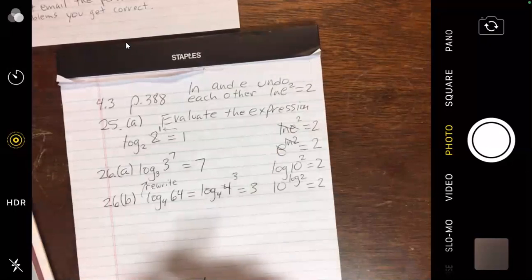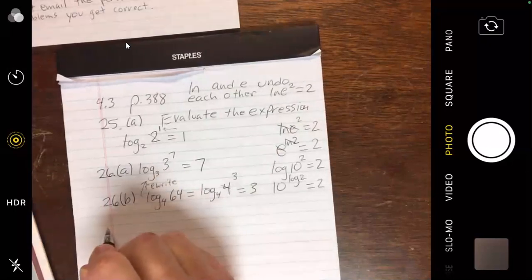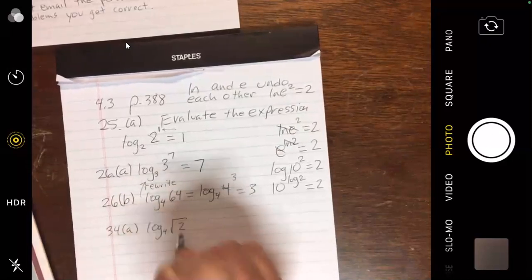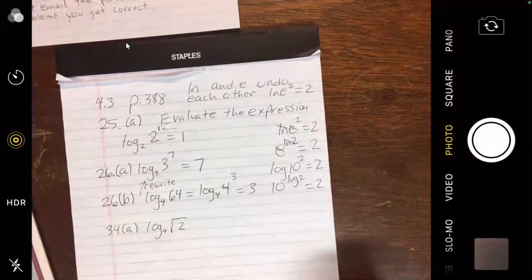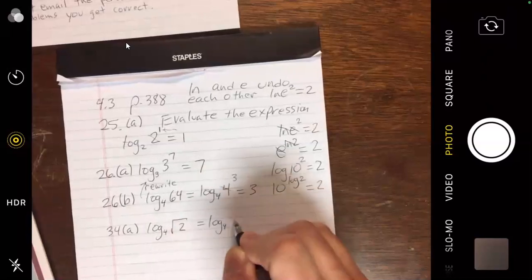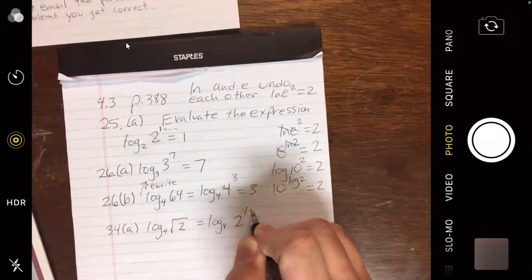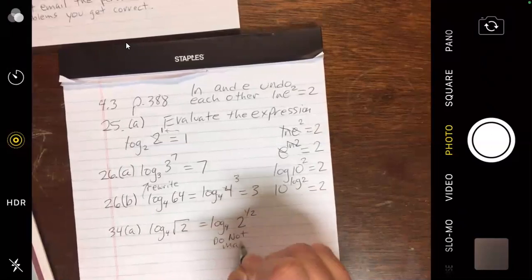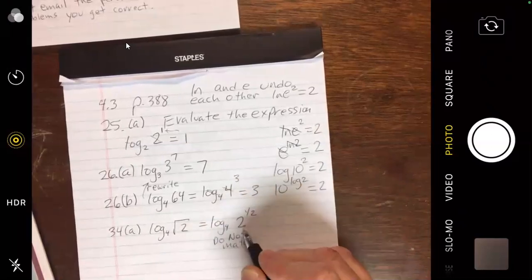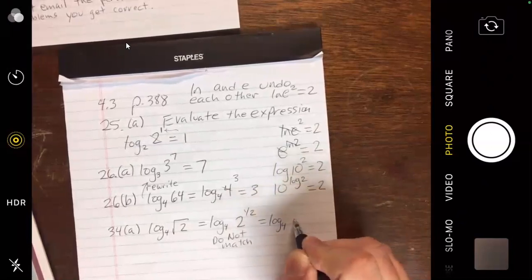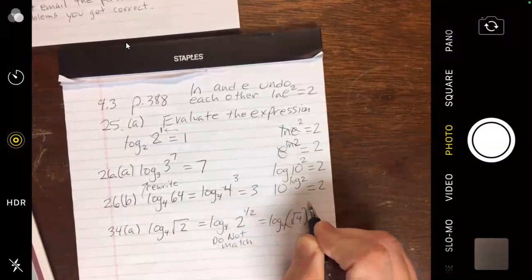Some of them have a few more steps in them. 34a, log base 4 of the square root of 2. This is a little trickier. Square root is a half power, so 2 to a half power, and these do not directly match. But you can write 2 as the square root of 4, meaning log base 4 of the square root of 4, again raised to a half power.